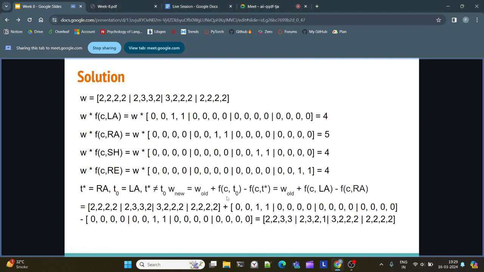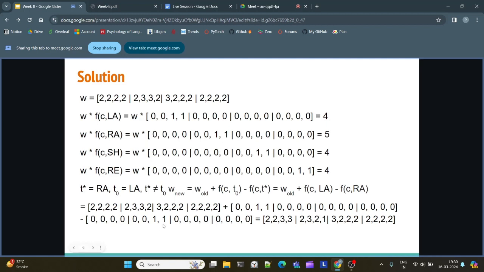Based on that, we plug the values into the formula. W old is this one, WLA is this one, and WRA is this one. So finally we obtain this. How? We are adding 1 1 over here, so that becomes 3 3.